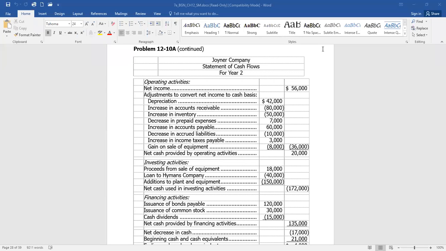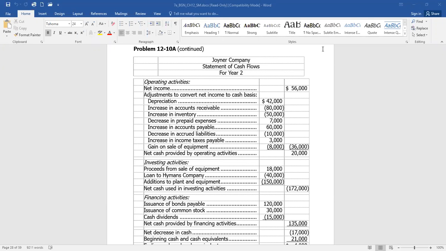Our investing activities, which are our long-term assets, and our financing activities, which are our long-term liabilities and our equity. Those are the ways we finance the company. So we could divide our balance sheet up and our income statement so we know what section those items will be reported in.